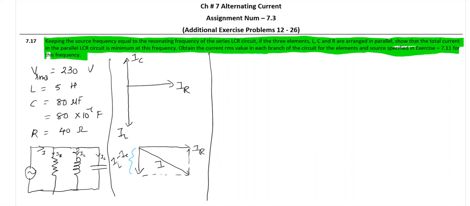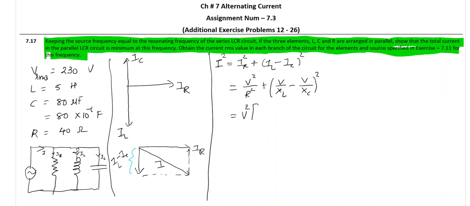So that can be given as I square is equal to IR square plus IL minus IC whole square. We are assuming here that IL is more than IC. So that is V square by R square plus V by XL minus V by XC whole square, or else it can be written as V square times 1 by R square plus 1 by XL minus 1 by XC whole square.